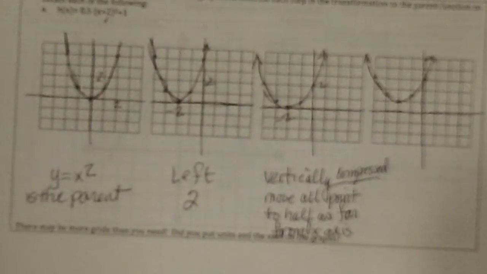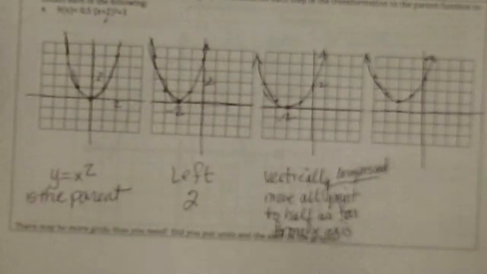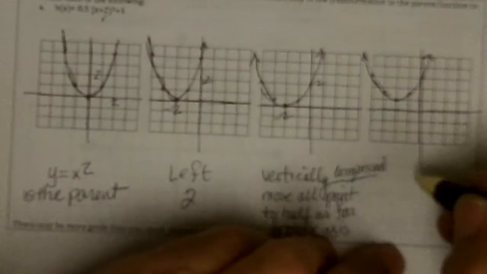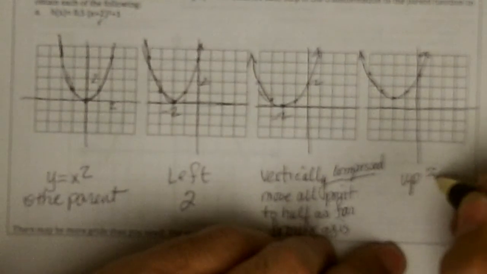So that should look the same width as that, and vertically compressed, so it looks like it's fatter, but it's actually shorter. There. So we have up 3.